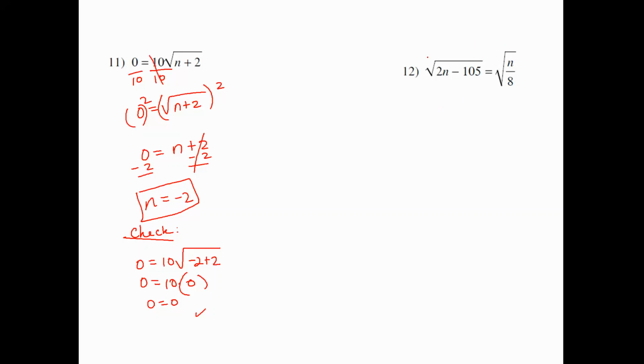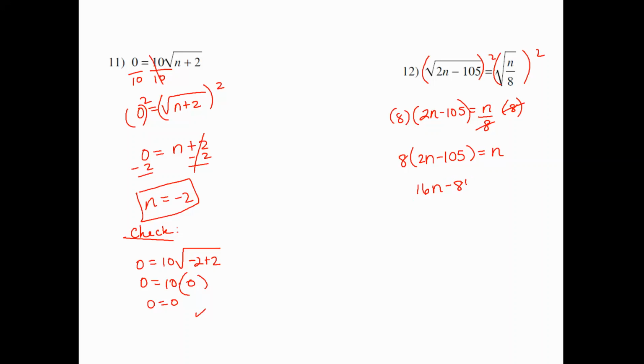All right, this problem, squaring both sides. We got 2n minus 105. All right, we have an 8 on the bottom, so we have to multiply both sides by 8. I'm going more carefully now. 8 times 105, 840.